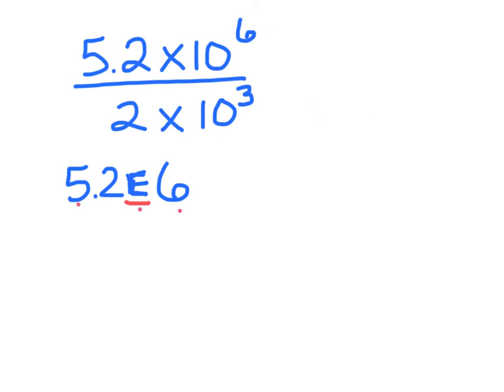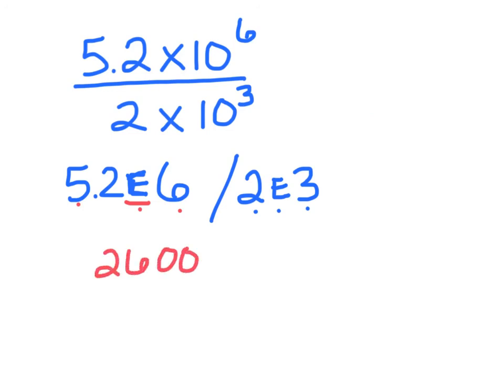And then you can hit divided by, and then we could do 2 second EE, which will bring up an E, and then we'd say 3. So that's 2 times 10 to the 3rd power. And when you hit enter, it's going to tell you that the answer is 2600. However, if I ask you for the answer in scientific notation, you know that you're going to say 2.6 times 10 to the, and that's 3 decimal places, so times 10 to the 3rd.